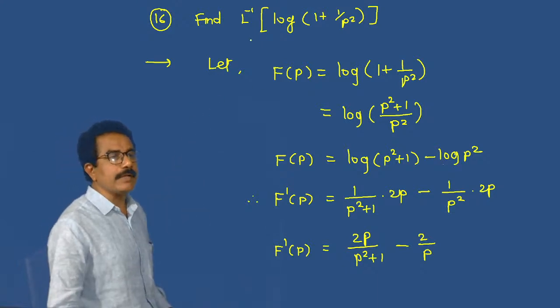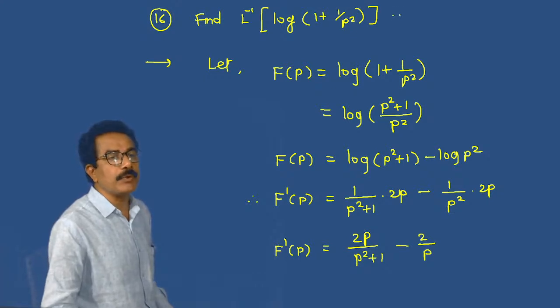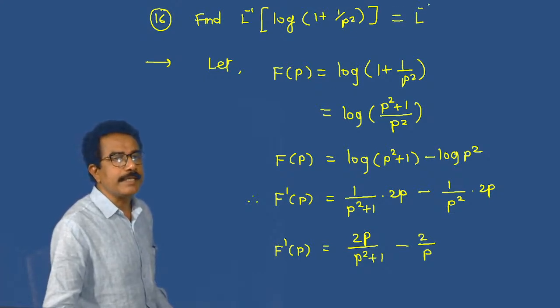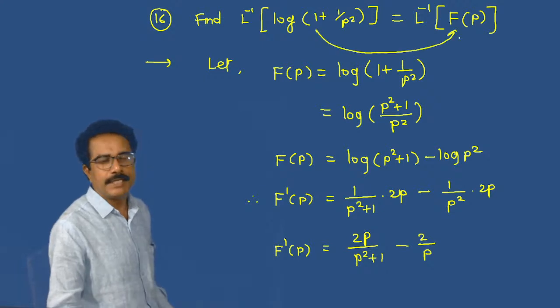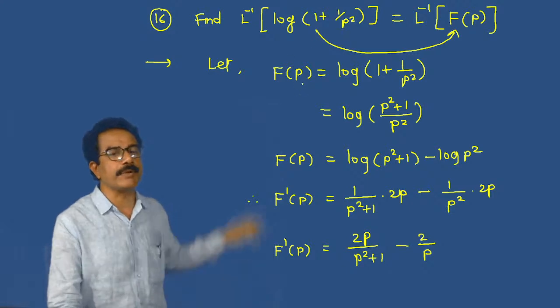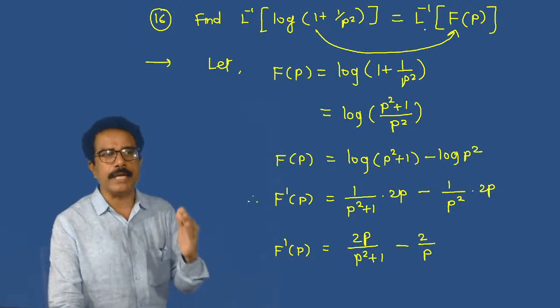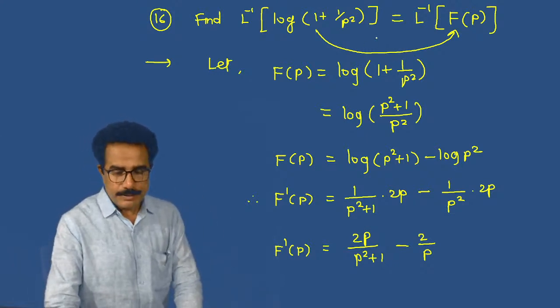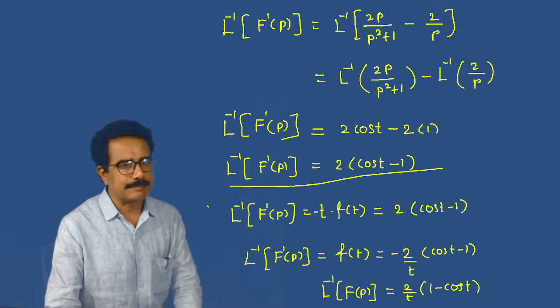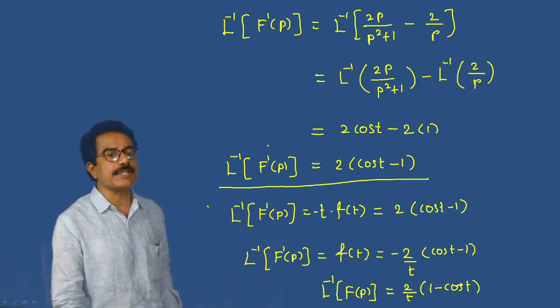Actually we have to calculate the L inverse of this term, log of 1 plus p square, but we have considered that term as capital F of p. So actually we have to calculate L inverse of F of p. So for this purpose, here we have calculated L inverse of F dash of p.